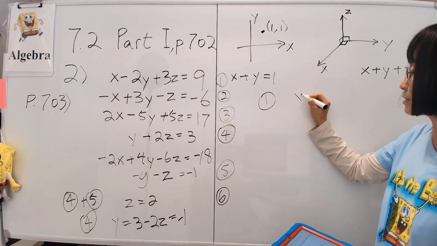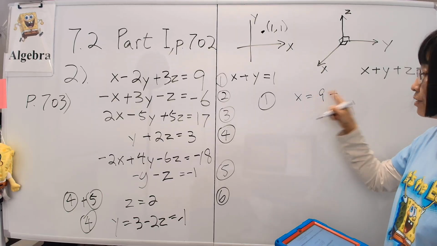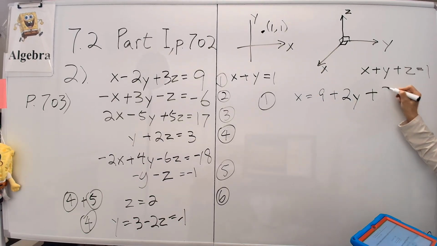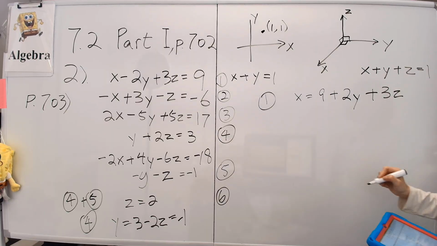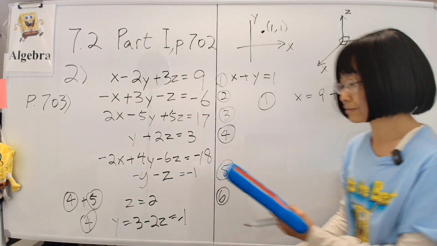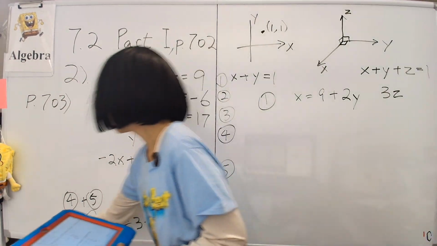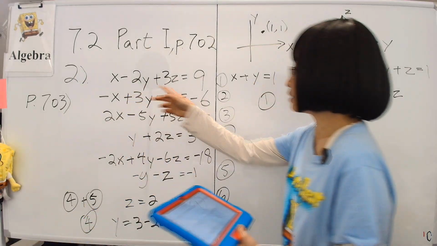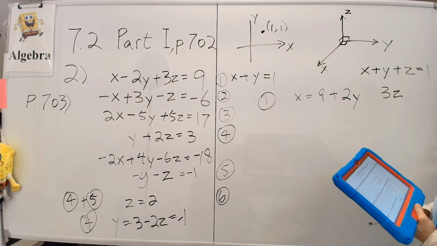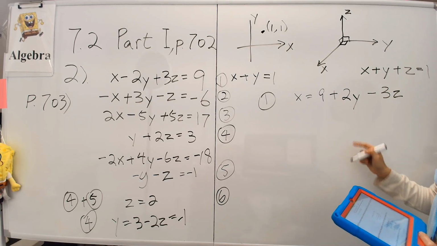Equation 1 says x equals 9, put the y on the other side, plus 2y, and then plus 3z, right? No, minus. When you switch things over, it better be minus. So it's plus 2y minus 3z, because I'm moving them to the other side of the equation, plus and then minus. Okay, and there's the 9, so I think I got everything taken care of.